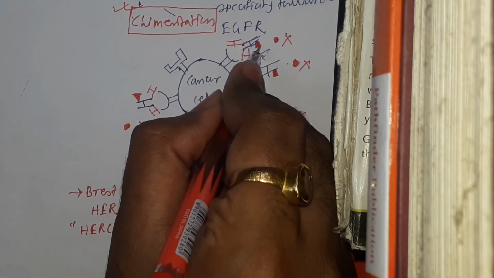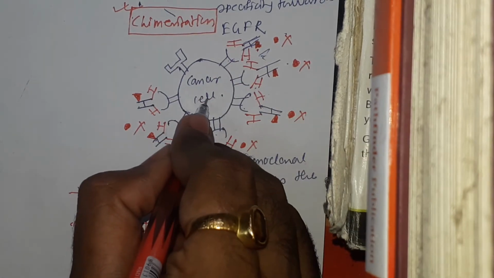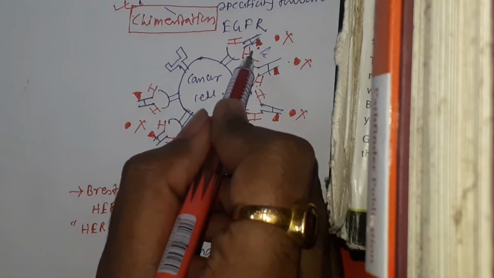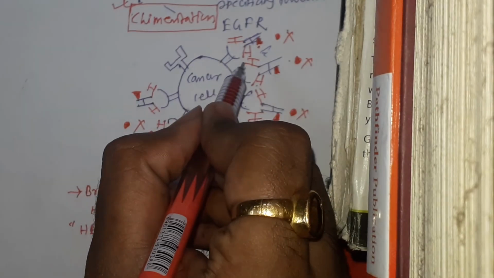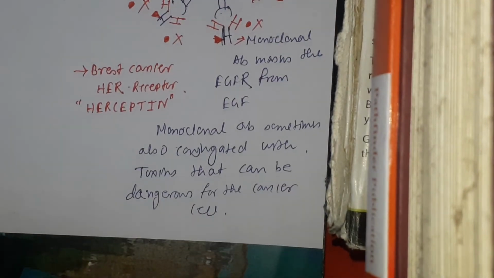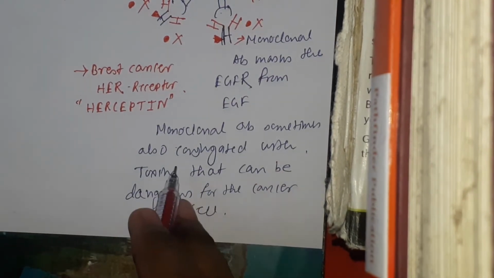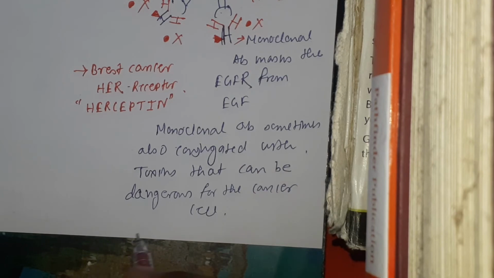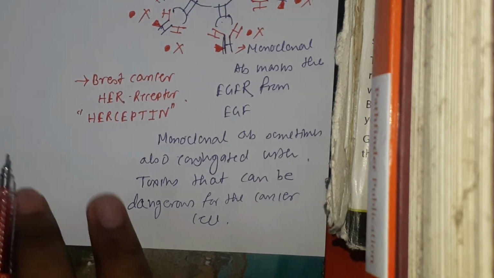This immunotoxin has the ability to create a pore in the cancer cell or cause destruction. That is why we also conjugate this monoclonal antibody with a kind of immunotoxin. That is what I have written here. Monoclonal antibodies are sometimes also conjugated with toxin that can be dangerous for the cancer cell.